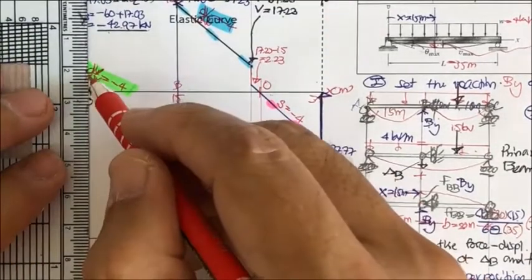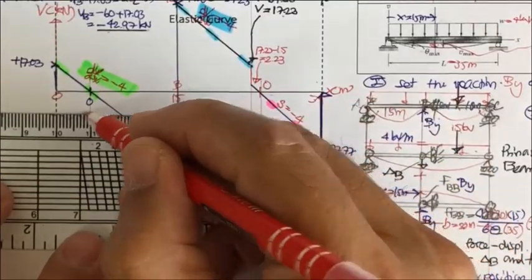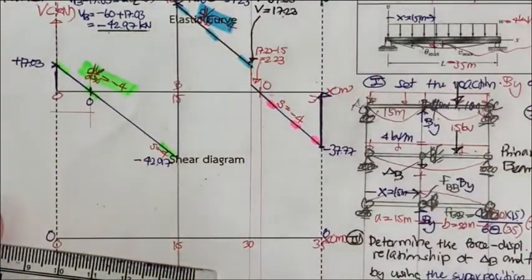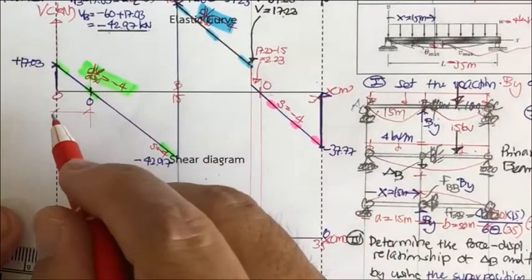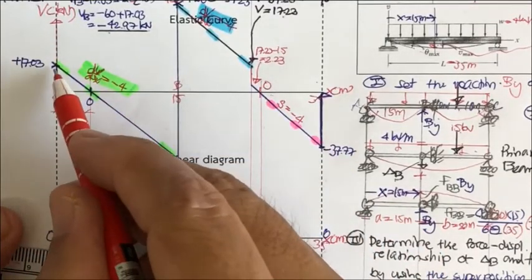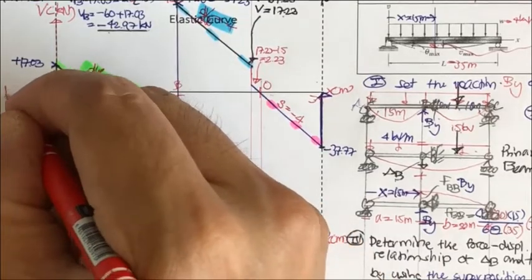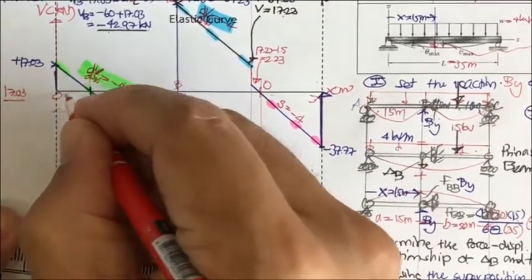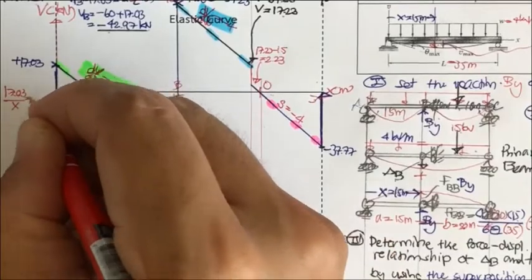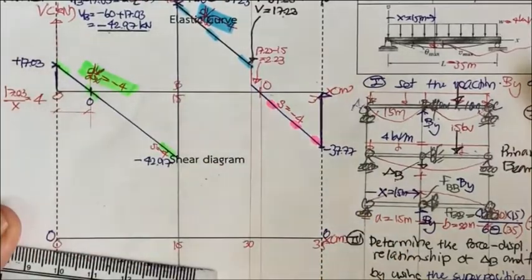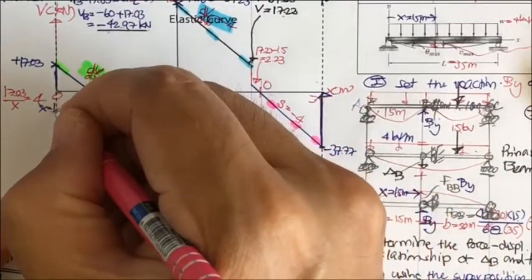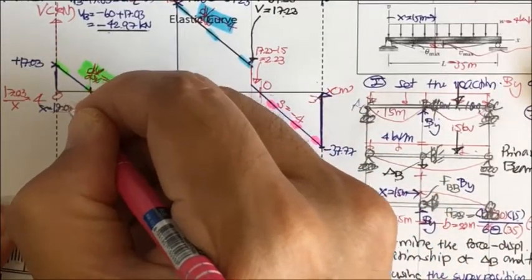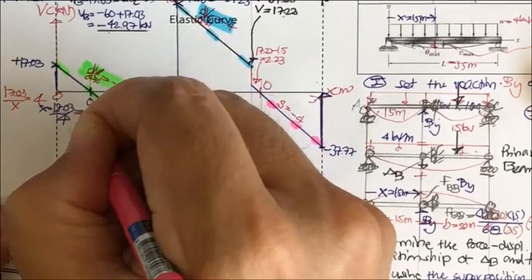And before we go further, we're going to determine this. The x here can be determined by the triangle: 17.03 divided by x equal to 4. So you may have x equal to 17.03 divided by 4.